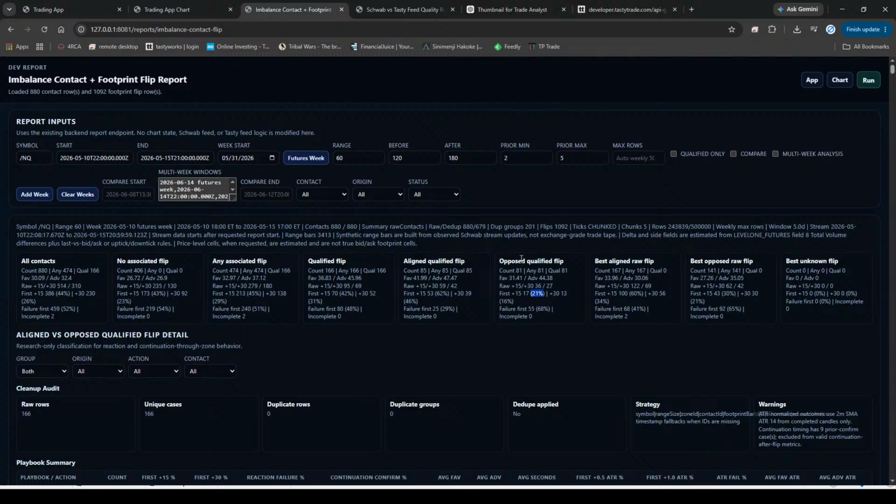And so that's some of the stuff I'm working on right now: how can I set up, can I know that I'm going to get a continuance before hitting that contact, so I don't ever get into the trade. And by not getting into the trade here, I then boost my winning success.